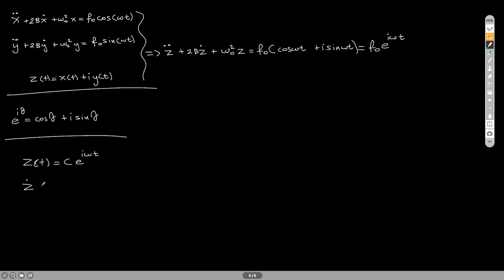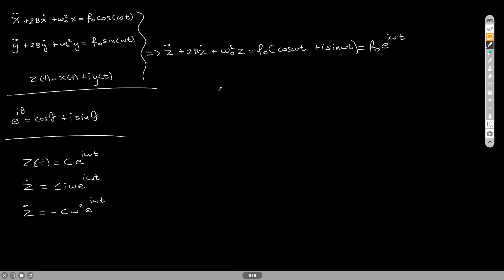If you take the first time derivative of this, you will get C times i times omega e to the i omega t. And if you take the second derivative, you will get minus C omega squared e to the i omega t.